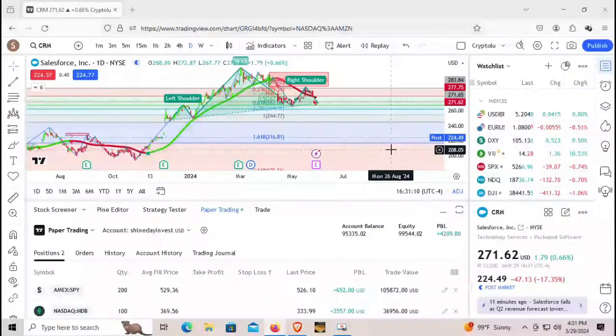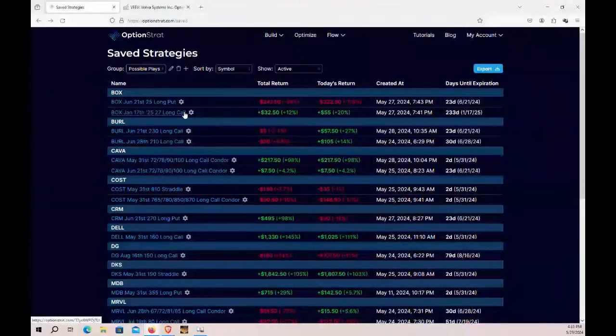So right now, let me bring to you guys the list that I have of possible plays for the earnings week. Box and Kava were yesterday, and the play would be Box.